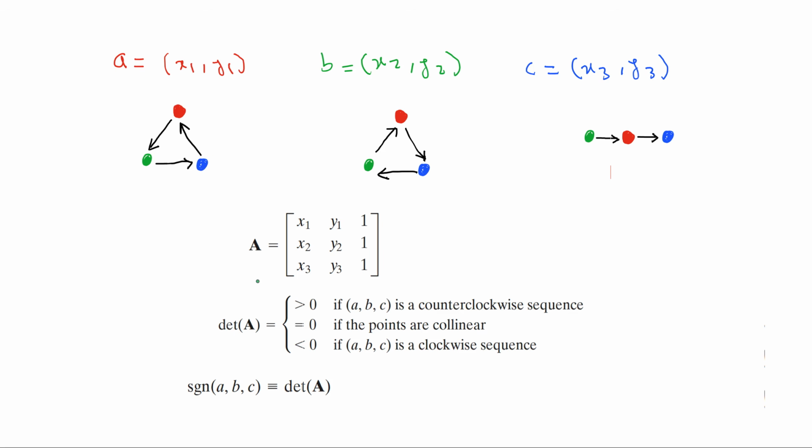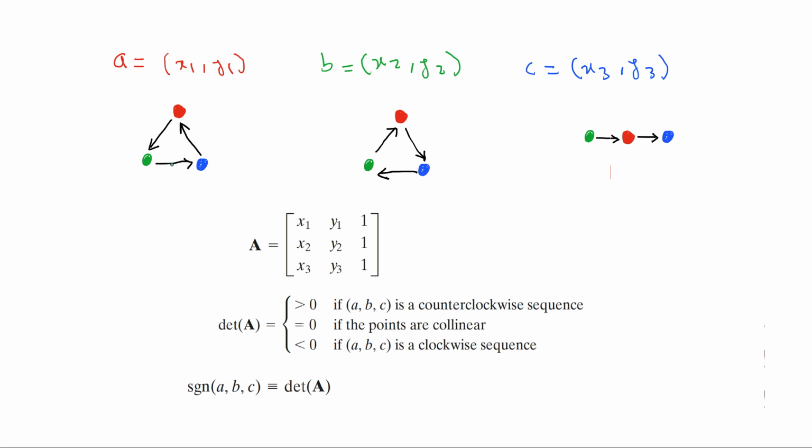Once the matrix is formed, you calculate the determinant of that matrix. If the determinant is a positive number, then the points A, B, C will be in a counterclockwise sequence, and if it is 0, then the points will be collinear, and if it is less than 0, the points will form a clockwise sequence.